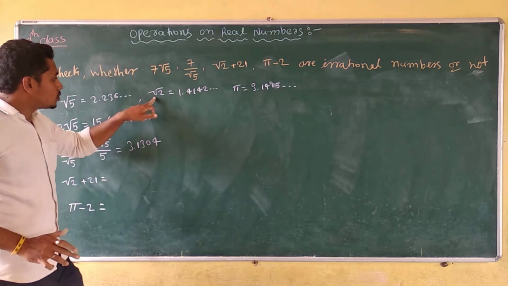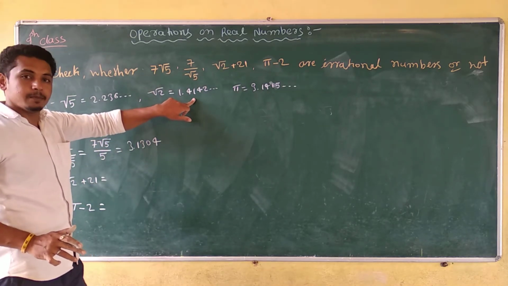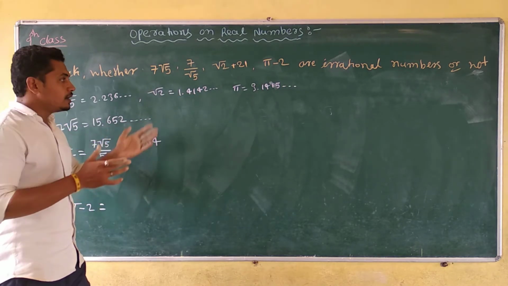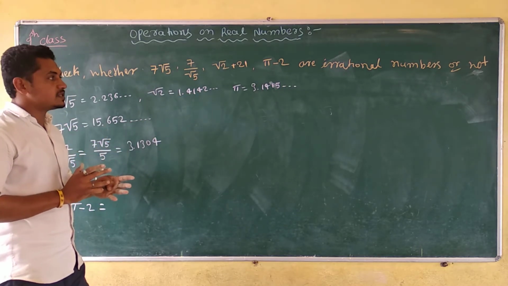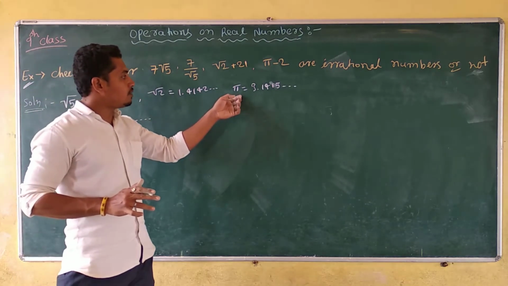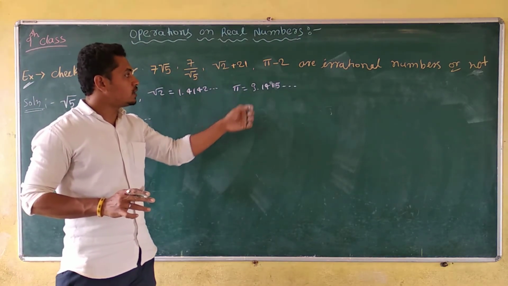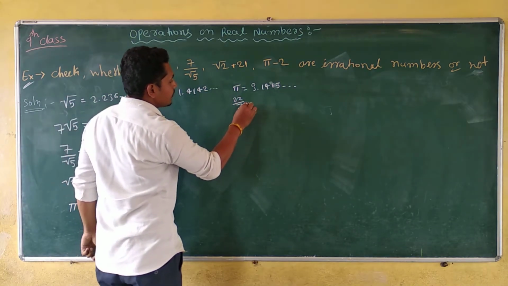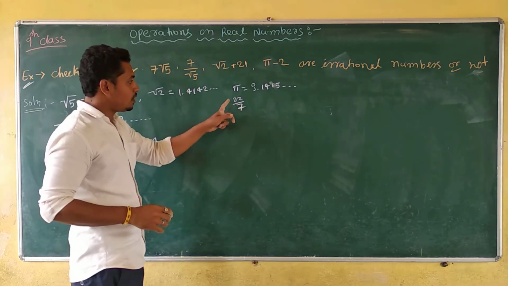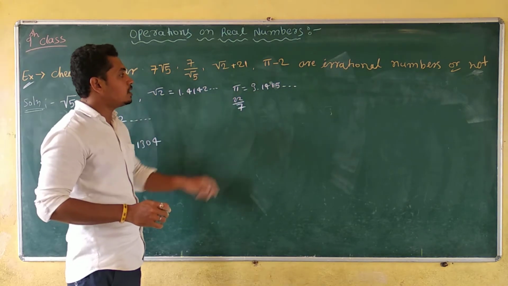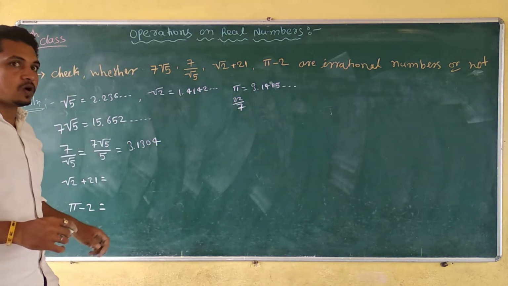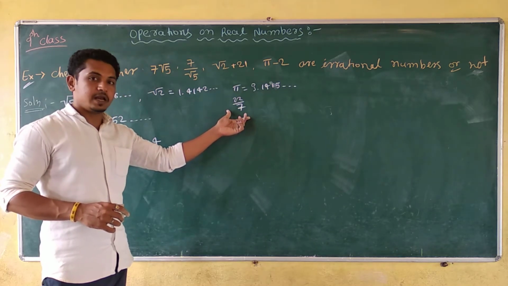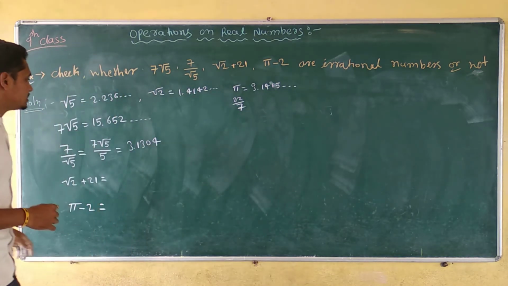Root 2 is also the same, 1.4142 and so on. And pi is also the same, 3.1415; the value of pi is taken as 22 by 7, which is 3.1415 and so on, a non-repeating, non-terminating decimal expansion.